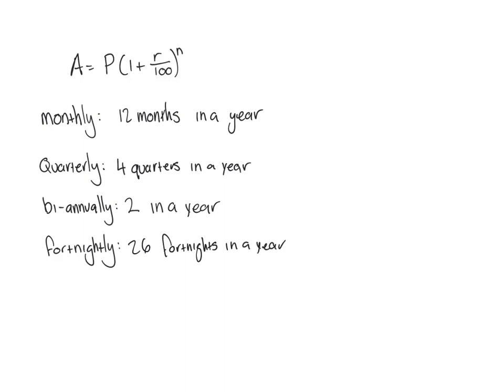Of course, you can have your interest paid weekly as well, and there are 52 weeks in a year. So let's keep these in mind as we move forward to calculate interest that maybe gets paid on a monthly, quarterly, biannually, fortnightly, or a weekly basis.